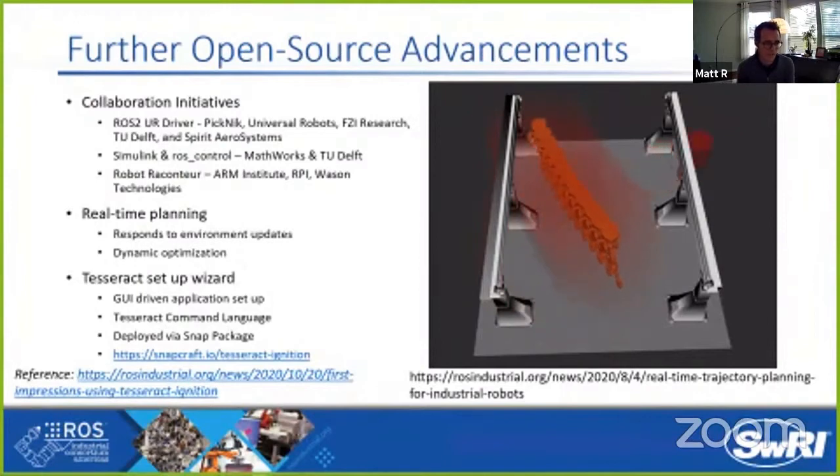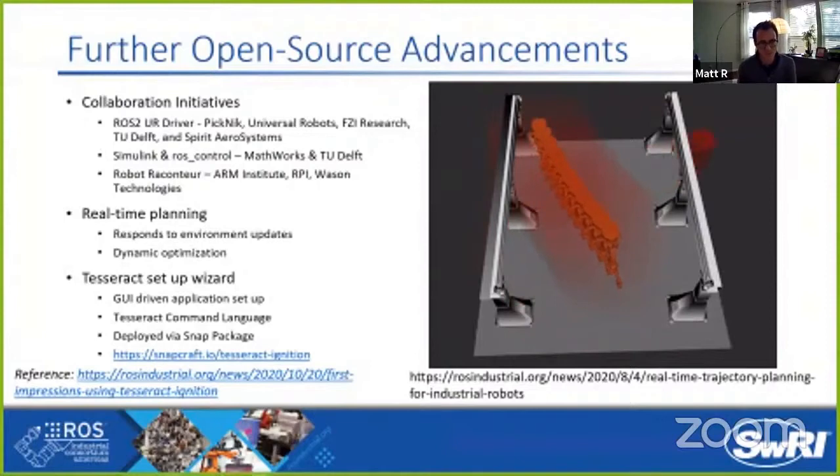A collaborative initiative has been brought to the fore and has been initiated to create that ROS2 interface led by Picnic, right? So I want to shout out to Picnic for them taking the initiative, putting in the sweat equity, and obviously the teams at Universal Robots and FCI Research and working with them and providing them guidance and moving forward with that work.